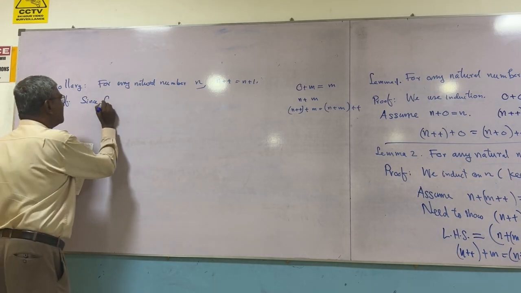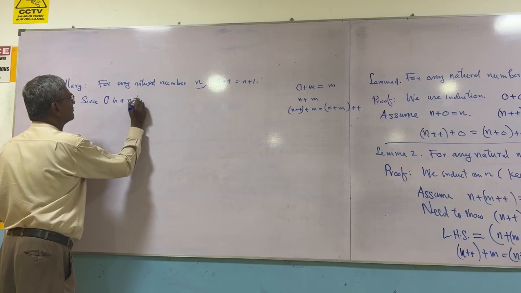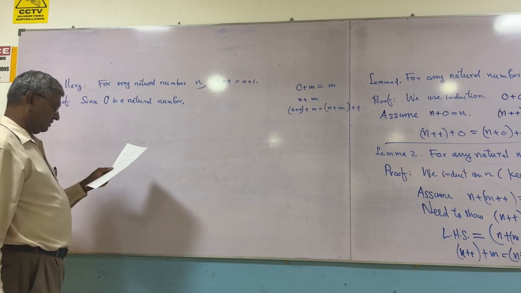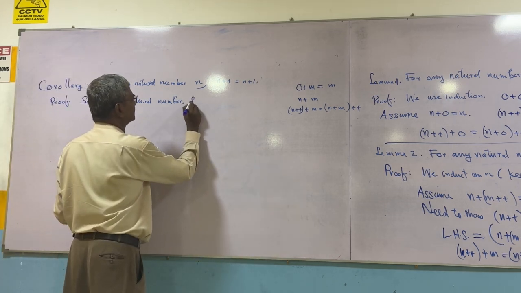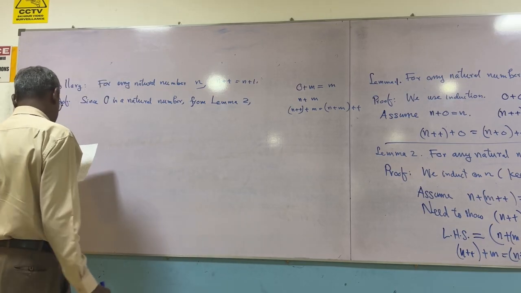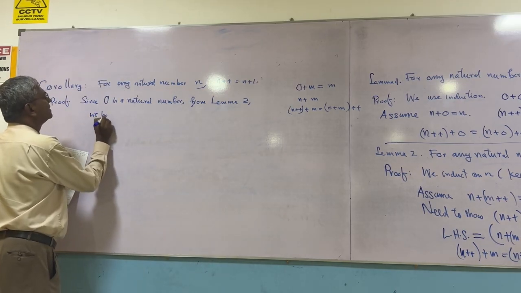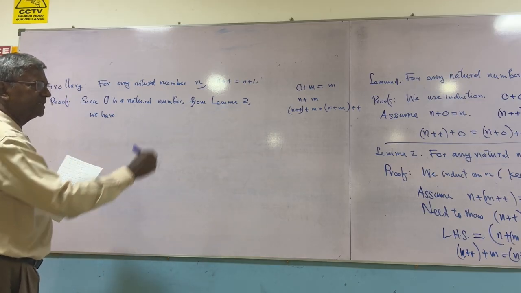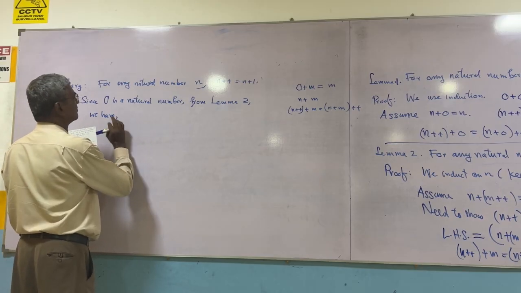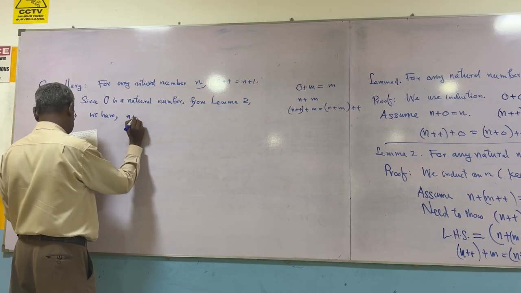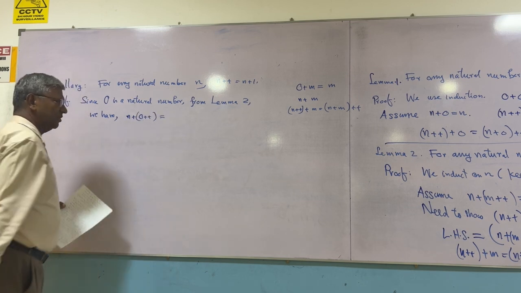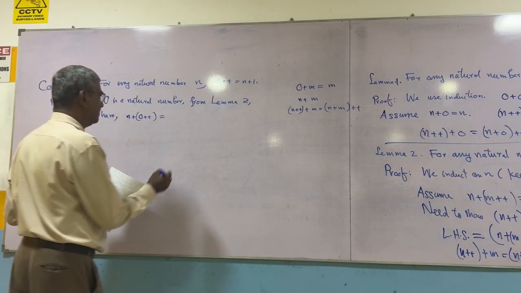Anyway, let me write. Since 0 is a natural number, from lemma 2 we have n plus 0 plus plus is equal to n plus 0 plus plus.